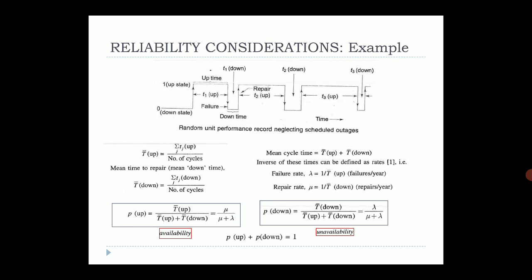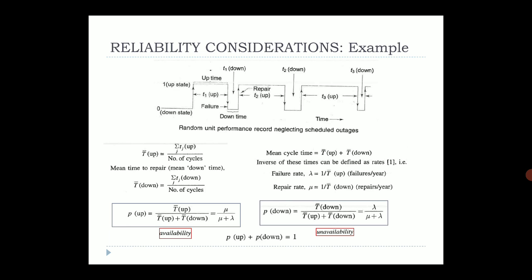At a certain point it starts and it is called an up state, that is, the generator is started, and then there is an uptime given by T1 up. Uptime is nothing but the time till the generator is working. Then a certain failure occurs, and we have a downtime. Then there is a time for the repair.